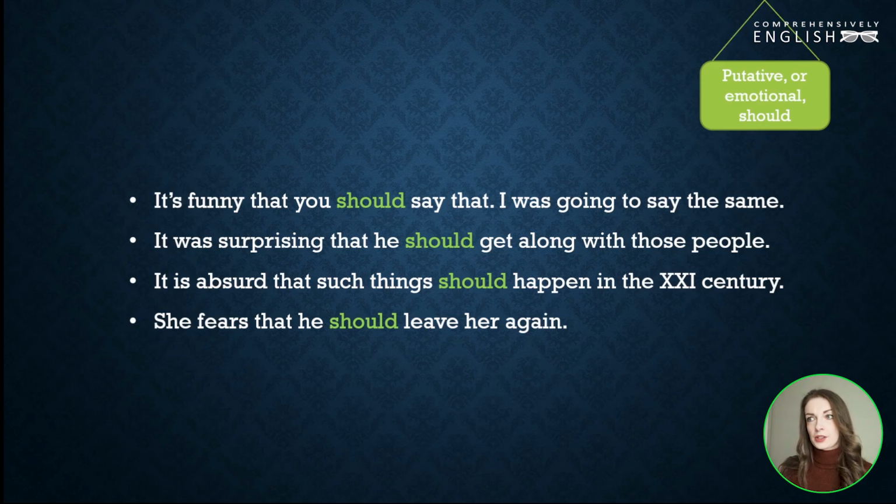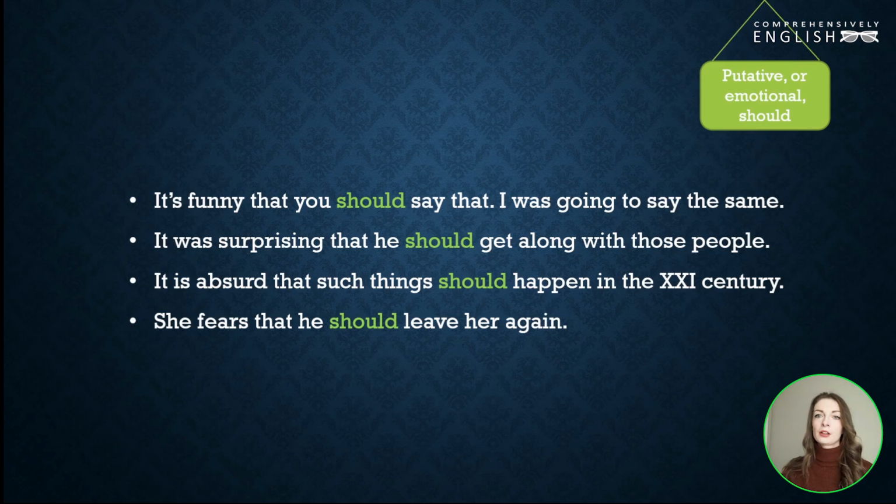All these sentences express some kind of emotion. It's funny, the speaker says, yeah, or it is surprising for the speaker. It is absurd, the speaker considers something to be absurd, or somebody fears something, or experiences other emotions toward some fact or some situation.